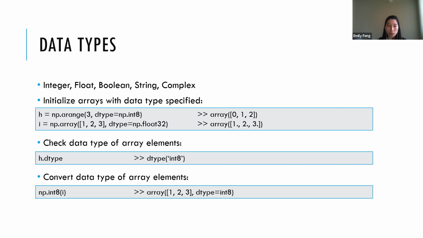So I would just use this syntax, np dot the data type you want to convert to, and then the array that you want converted. And then if I print the output, it will give me that this array is int8.